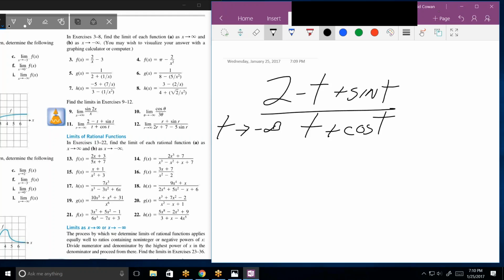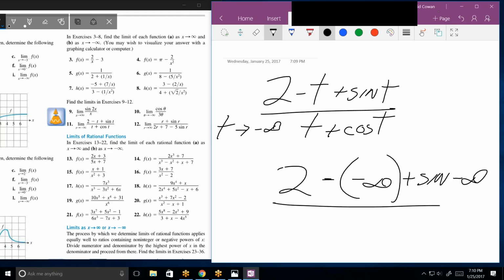In other words, if I just do direct substitution, let's see what we get. 2 minus negative infinity plus sine of negative infinity all over negative infinity plus cosine of negative infinity.